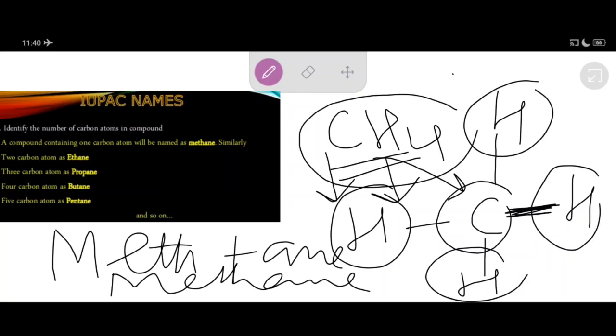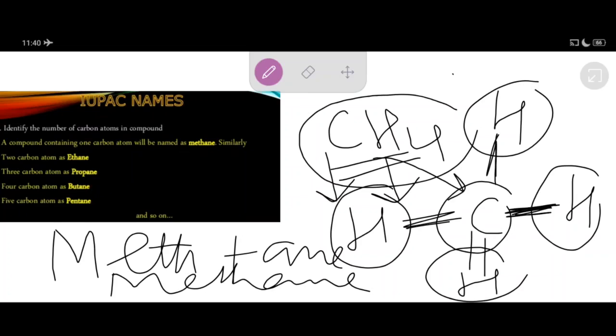So we are supposed to give the nomenclature like this. This CH4 compound contains one carbon atom, which is indicated by writing "meth". This compound has all single bonds, my dear students, so it is saturated.